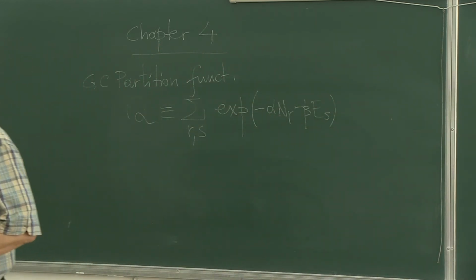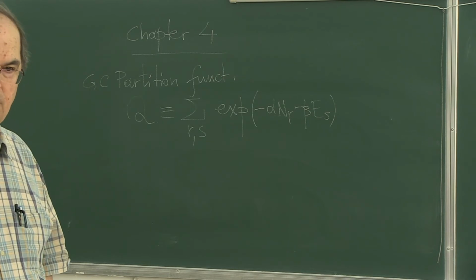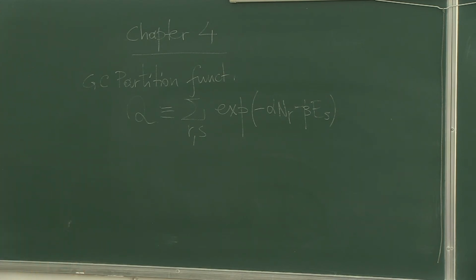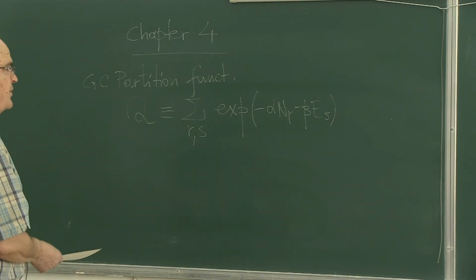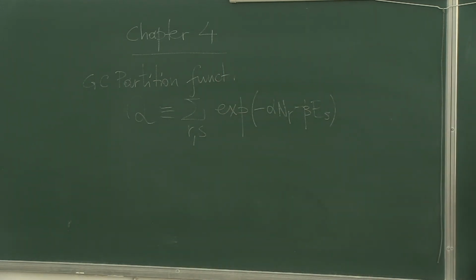Now, we have to have a similar recipe for the grand canonical ensemble to get the thermodynamics. How are we going to get the whole thermodynamics? By using the partition function. It is, again, straightforward. Let's do this by defining a new function, the Q potential.